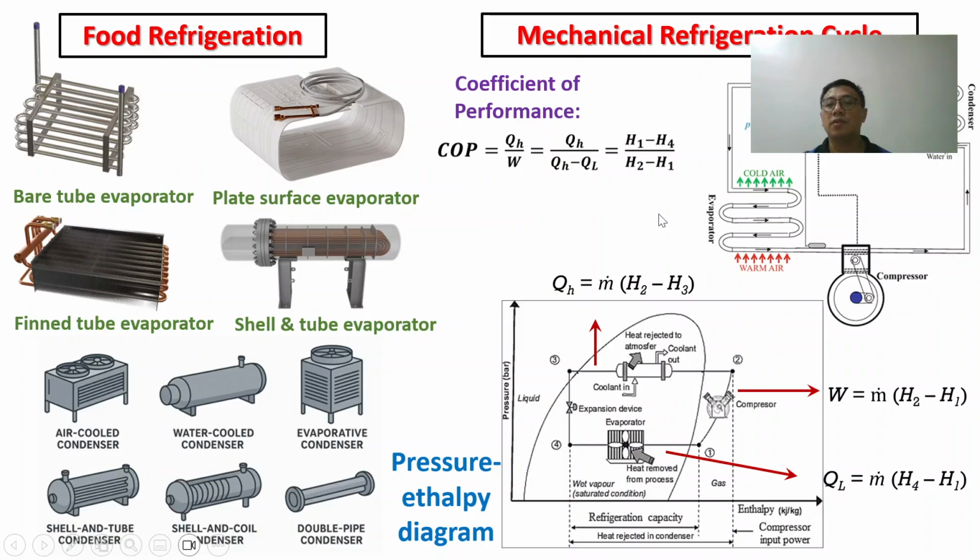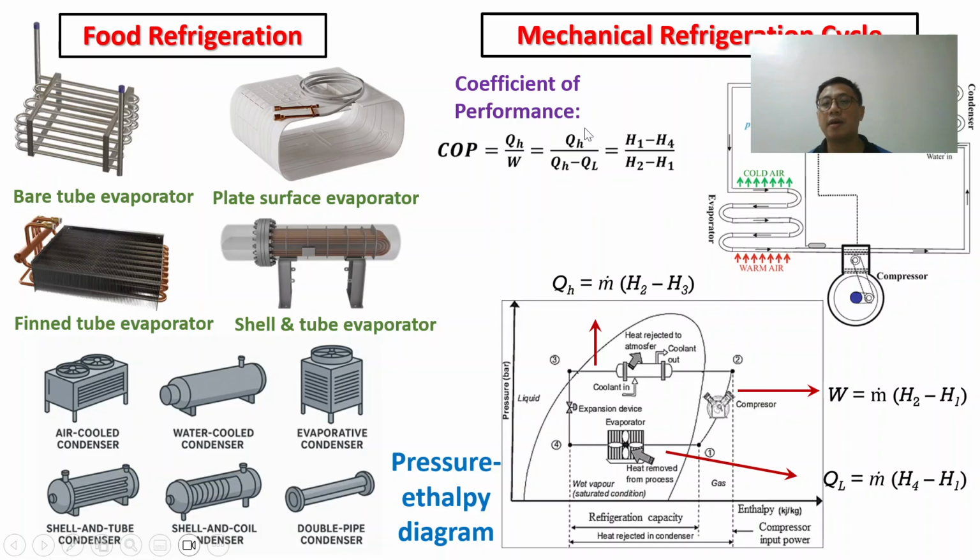Okay, so one important parameter to evaluate whether the refrigeration cycle is effective or not, we use a parameter called coefficient of performance, COP. COP is the ratio of QH to the work done by the compressor. Okay, this one over this one.